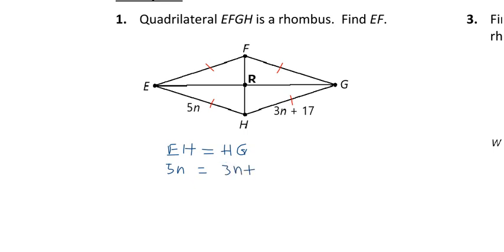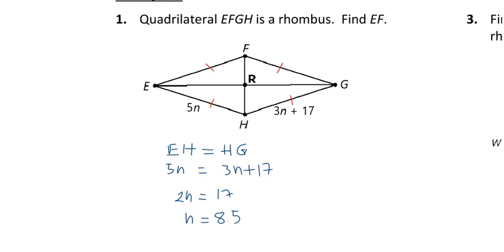plus 17. Solving the equation, we have 2n is equal to 17, and n would be equal to 8.5. So now that we know the value of the variable, we can apply here, which is a simpler one, and so we can find the length of EF, which would be the same as the length for all the sides.